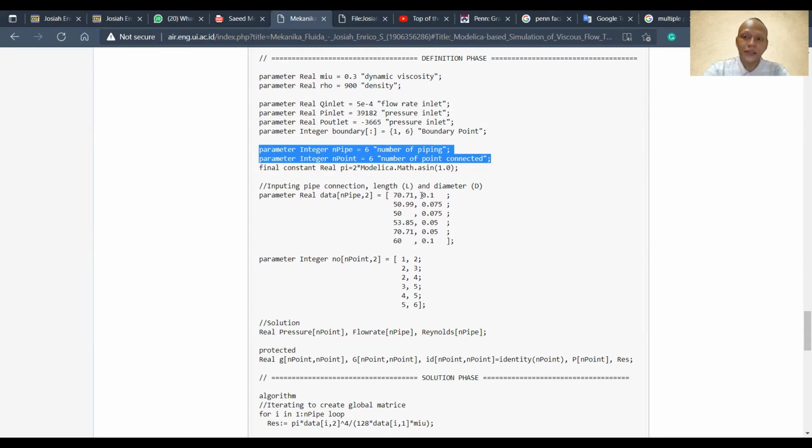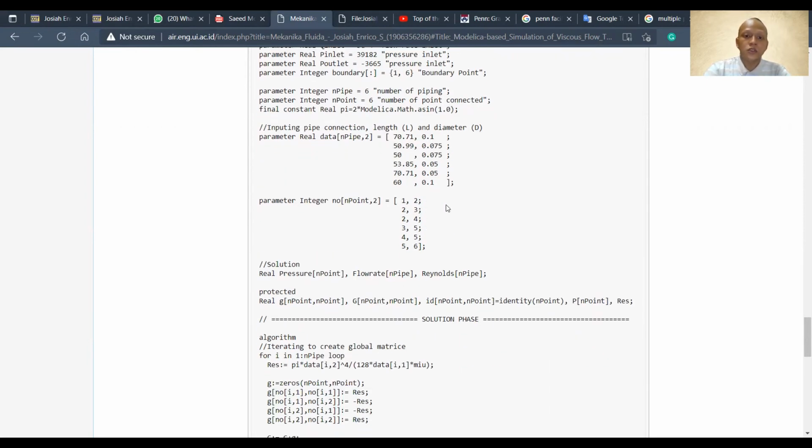So let's say the first row represents the first pipe, the second row represents the second pipe, and so on. We also have a connection matrix, also in a two-column matrix, with the first row representing the first pipe and the second row representing the second pipe, and so on.